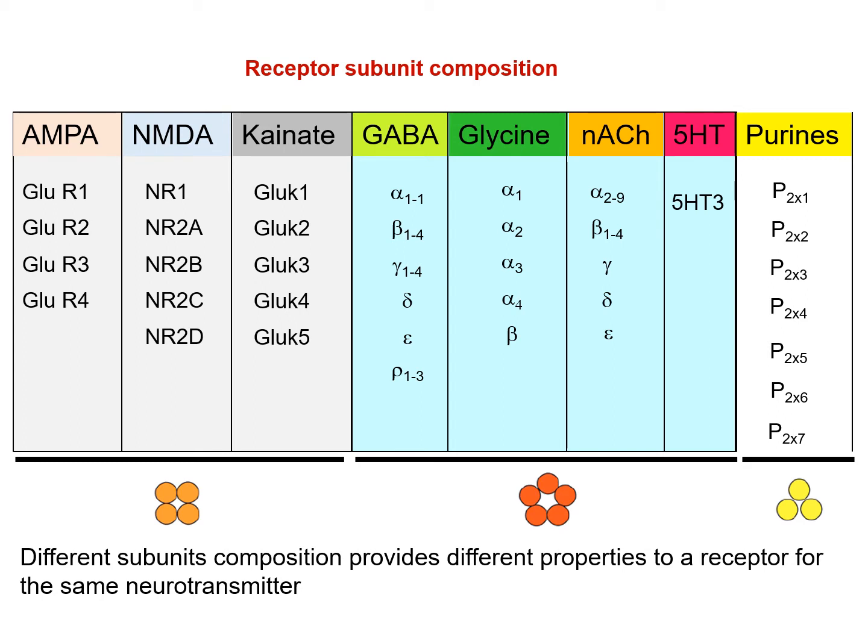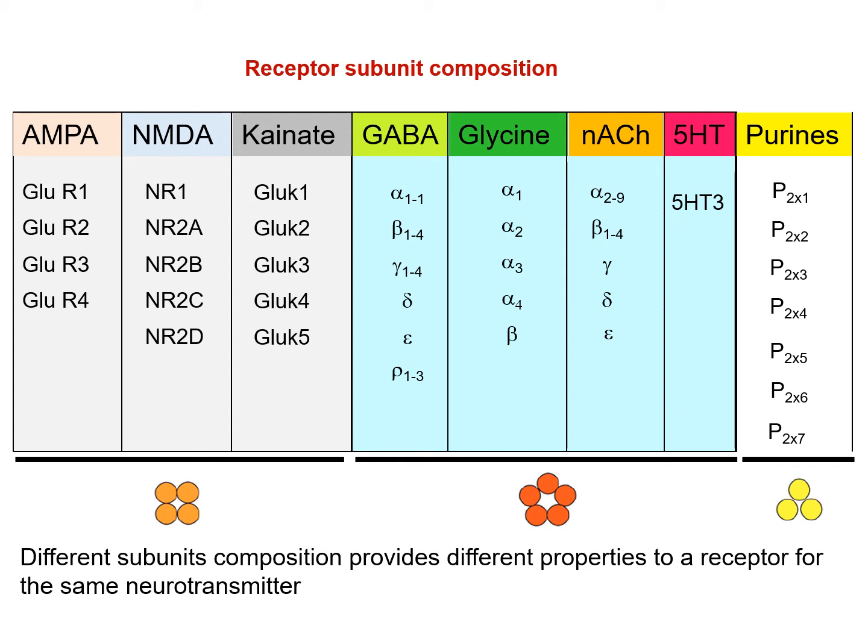The same applies to the kainate receptors. There are discrepancies in how the kainate receptor subunits are called. Here I put the most recent nomenclature, which calls these subunits GluK1 to GluK5, but they also receive other names depending on which source you look at.